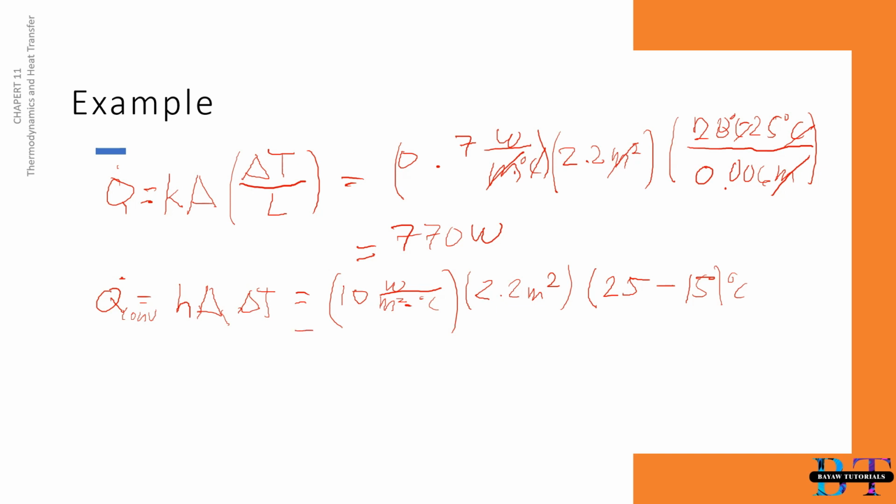So our rate of heat transfer by convection is equal to 220 watts.